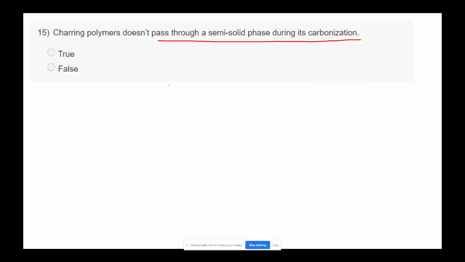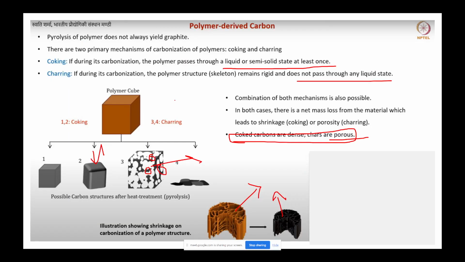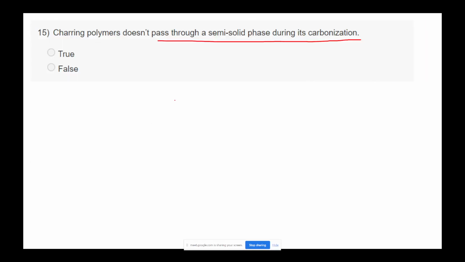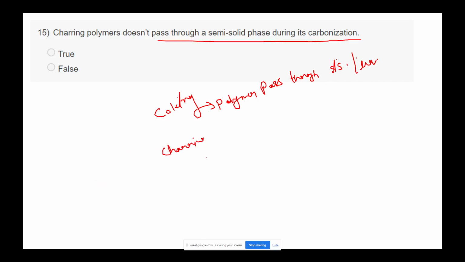Because in the coking, polymer passes through liquid or semi solid, either liquid or semi solid, but in case of carrying, it does not pass through semi solid or the liquid, okay. So it is true.